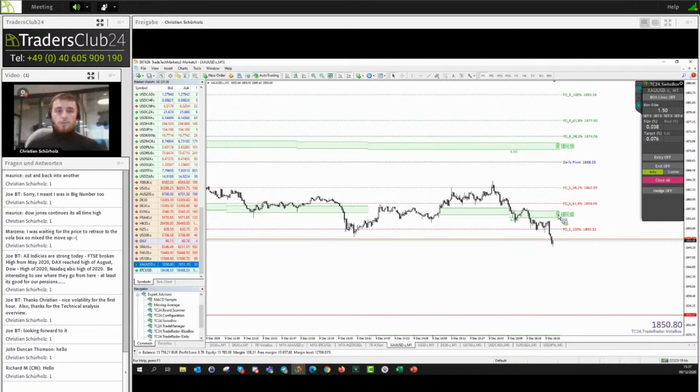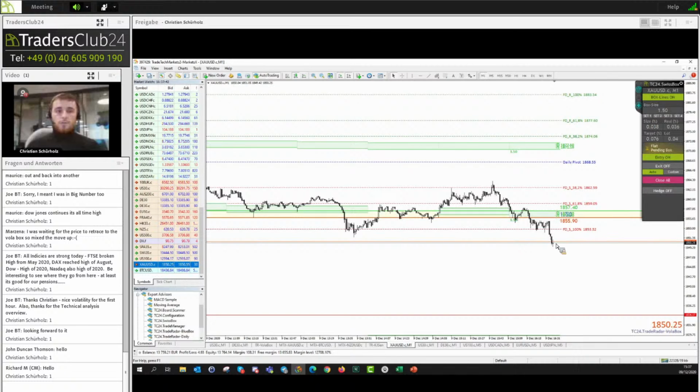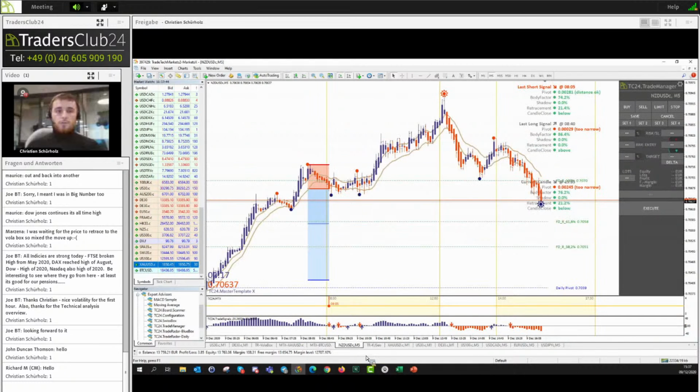If we see a reversal up towards this vola, we can activate it, but I don't think that the market will give us a pushback up to that area.